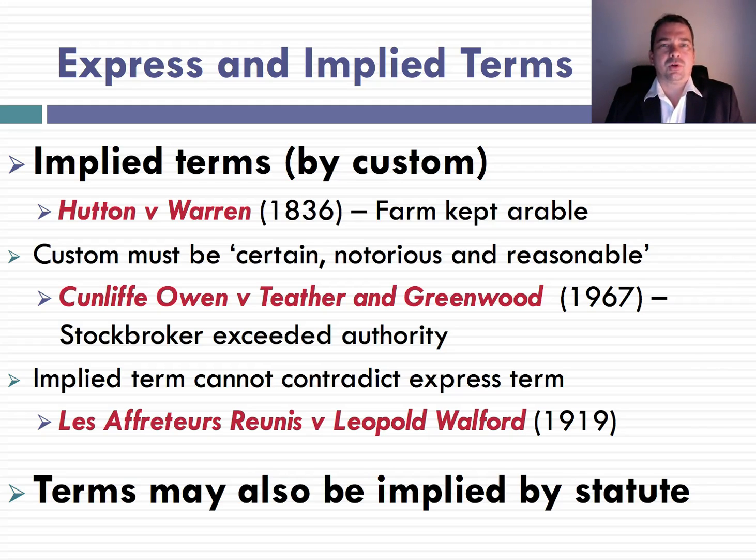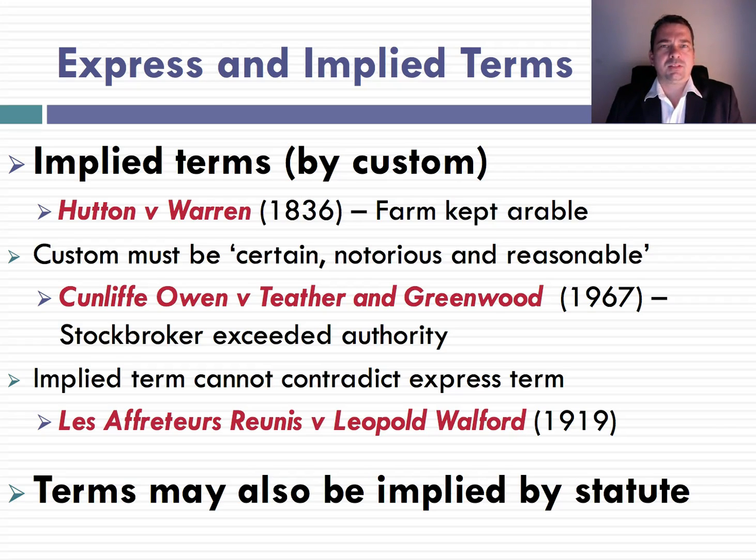So the question arose whether it was an implied term in the employment contract of the stockbroker that he was indeed entitled to do those things because they were common practice, because they were custom in the profession of stockbrokers. And the court said that as long as the custom is certain, notorious, and reasonable, they may lead to implied terms.